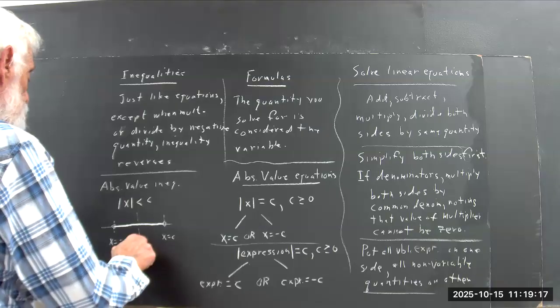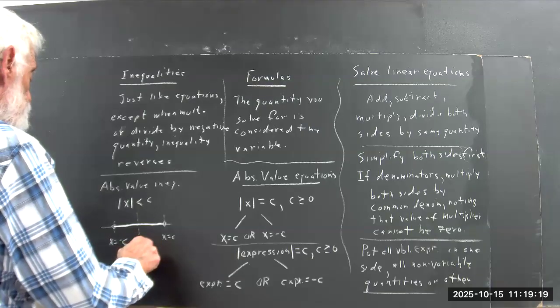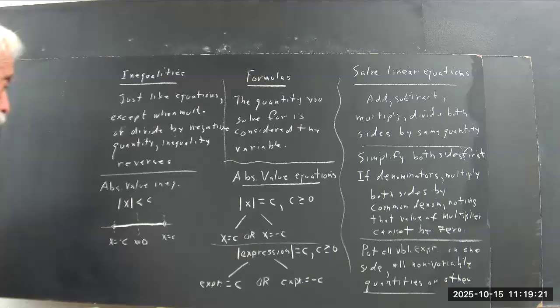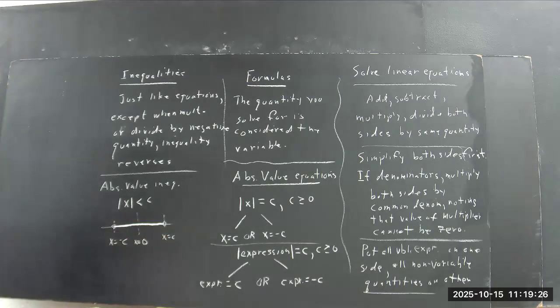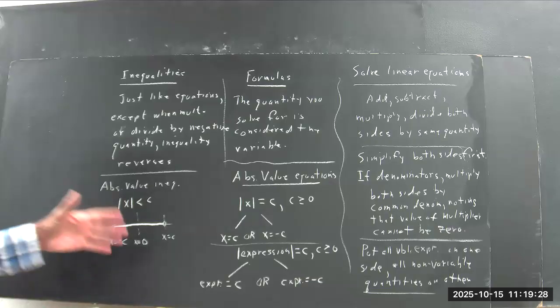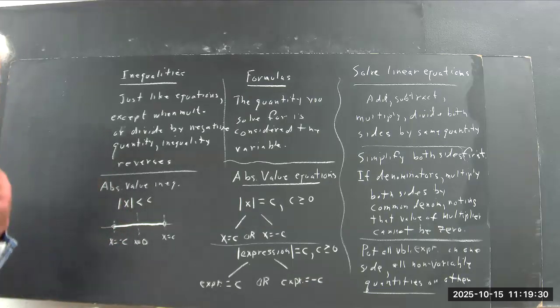And of course, you've got x equals 0 in the middle of x equals C and x equals negative C. So that's a picture of your inequality, and it should be obvious why that's so.